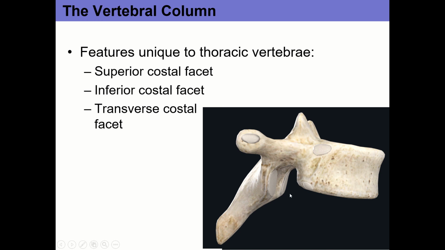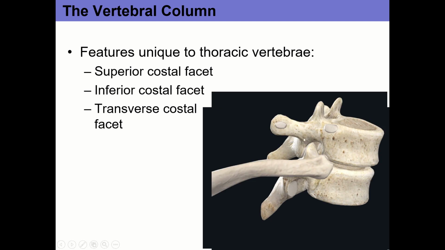So the way it's going to work is that there's going to be a rib that'll sit between this vertebrae and the one below it. And so the facets on the rib interact with the inferior costal facet of, in this case, T5, and then the superior costal facet of T6. So if we add a rib in here, this is actually T4, T5.